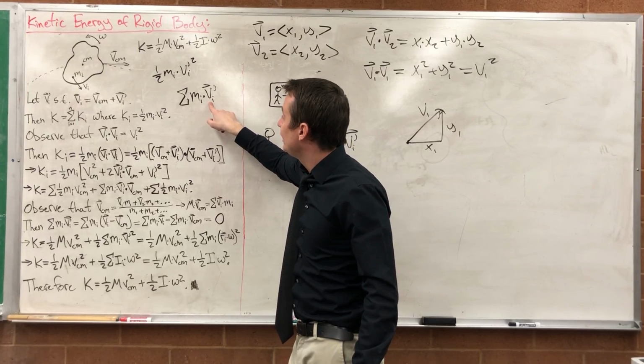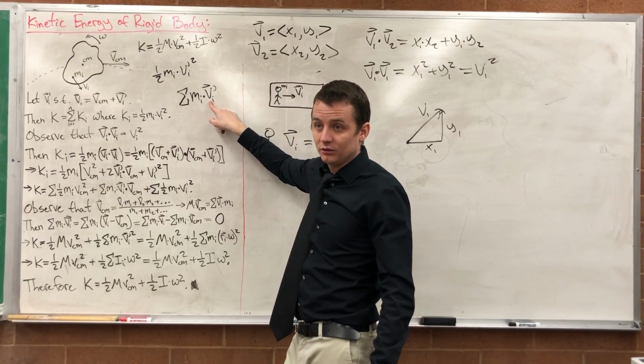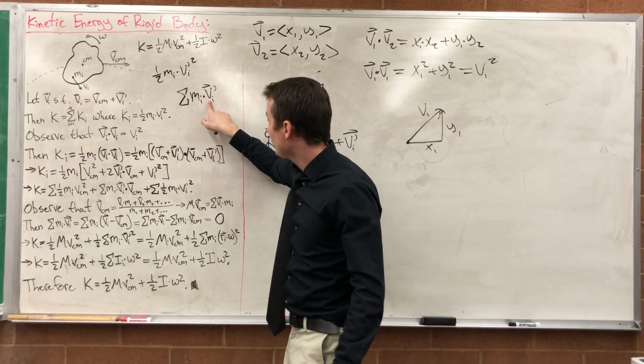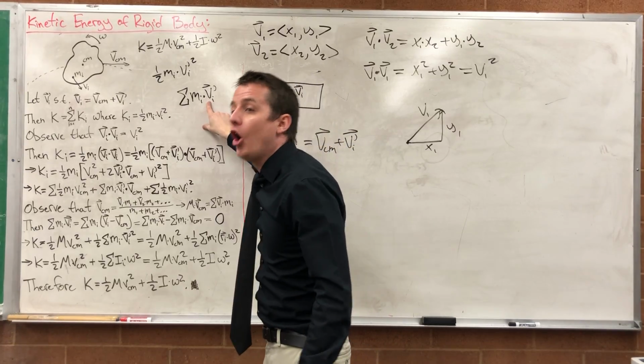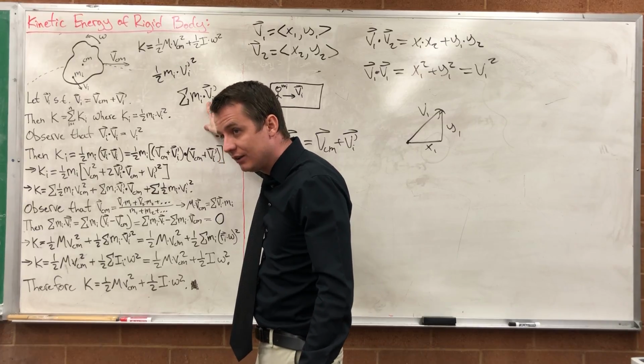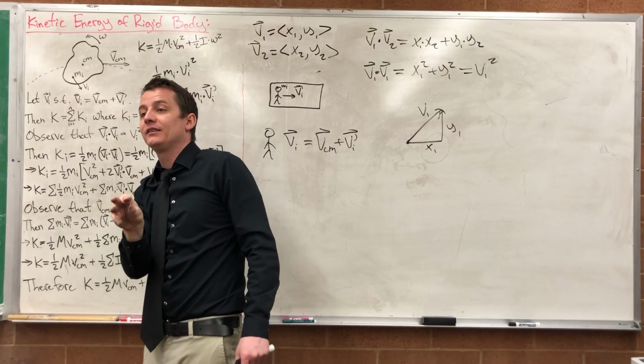It is the velocity of that particle with respect to the center of mass, right? Yeah, that makes sense. And so when I add up all the velocities of all the particles with respect to the center of mass, it's just going to give me 0. Their total velocity with respect to the center of mass is 0.